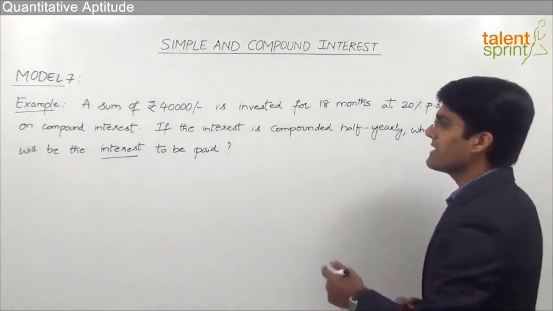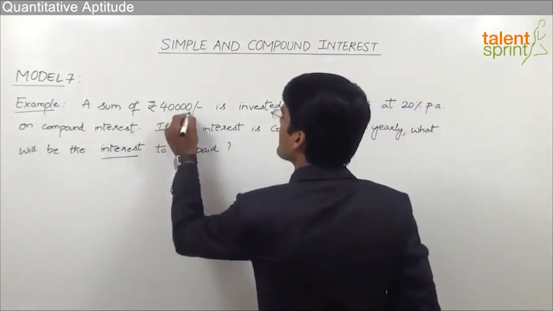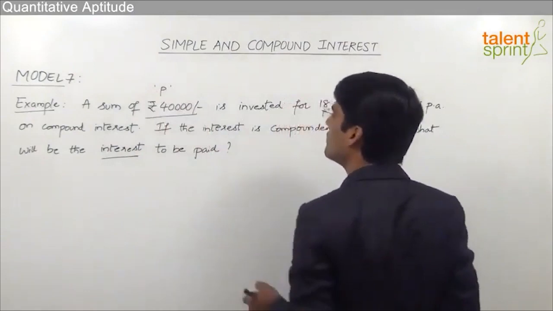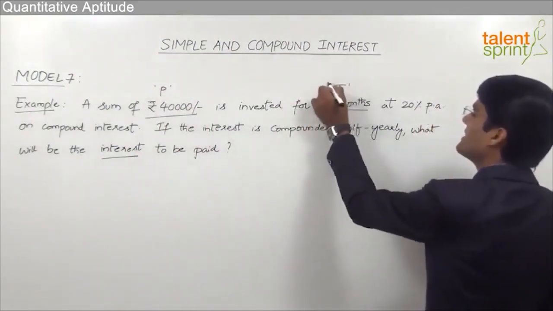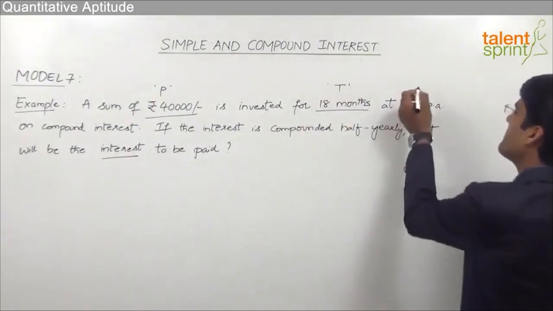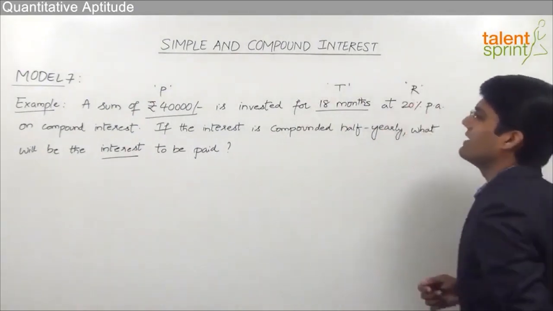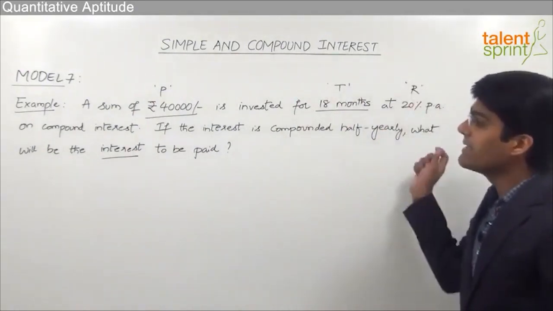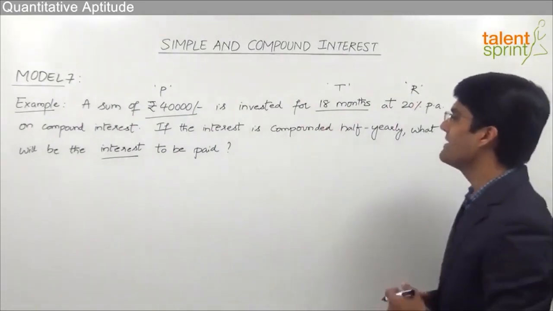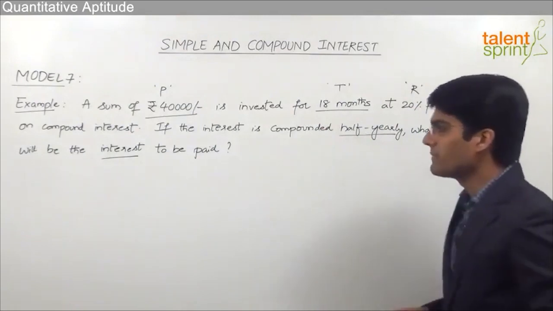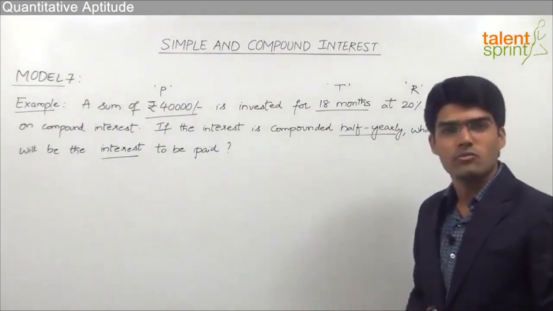As given in the question, a sum of rupees 40,000 is invested. So very clearly the principal is equal to 40,000 for a time period of 18 months. So the time here is 18 months at 20% per annum. So the rate of interest is 20% per annum, and this is on a compound interest basis. And it is also mentioned that the interest is compounded half yearly.